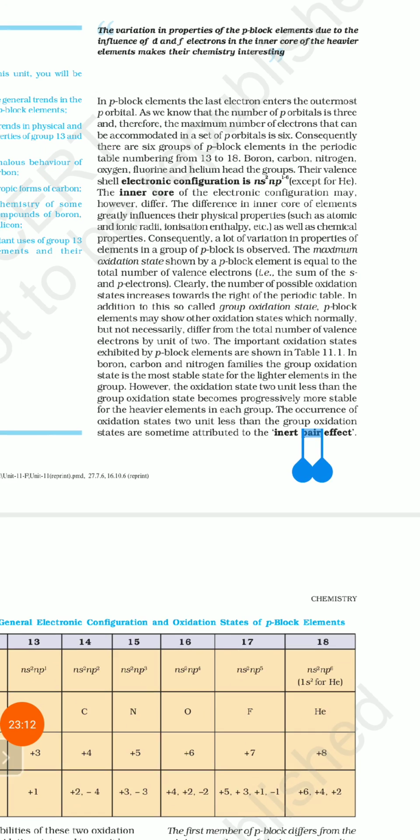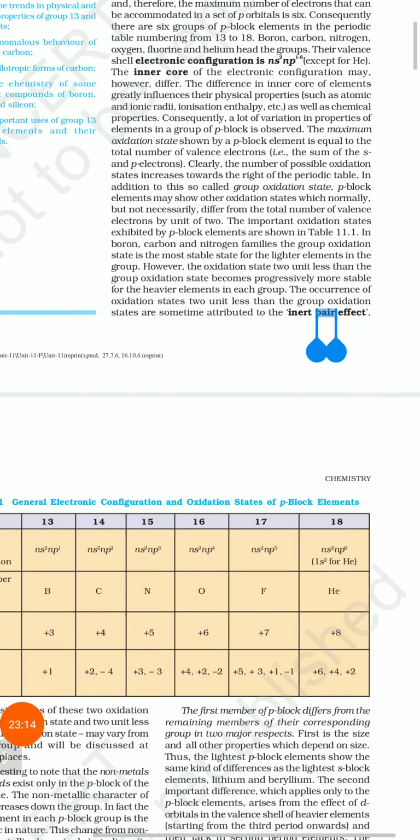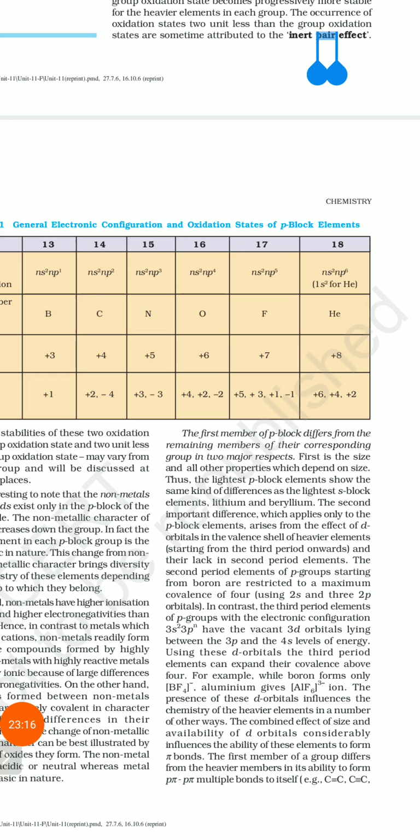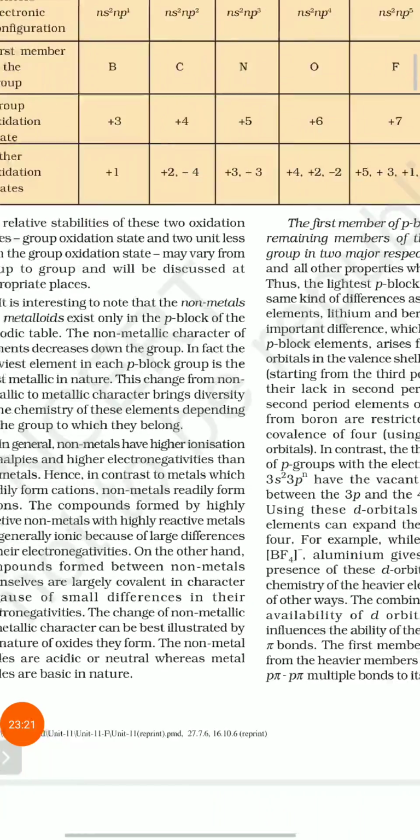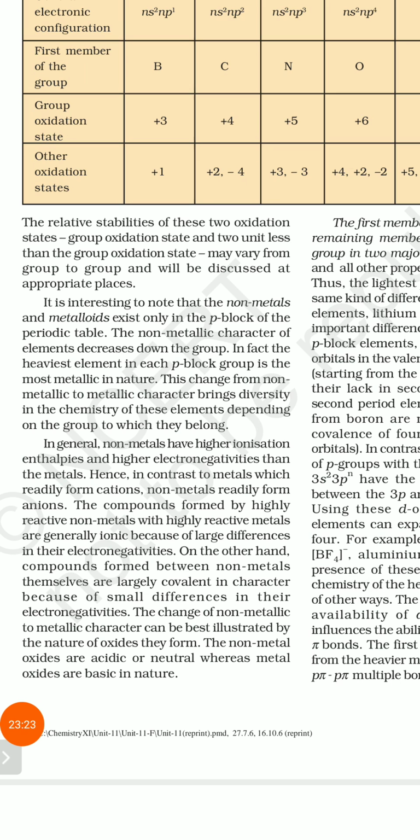That effect is called the inert pair effect, right? So oxidation states and the inert pair effect are what we have seen.